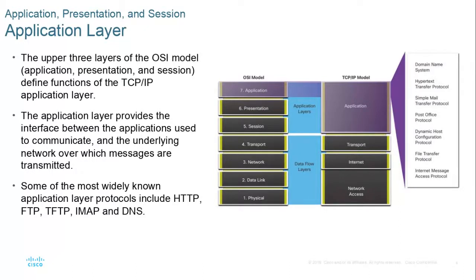So HTTP for sending web pages, FTP for downloading support files, TFTP for backing up and restoring startup configuration files and IOS files to Cisco routers and switches, IMAP for picking up email, DNS for sending my quick request to the DNS server: what's the IP address for Microsoft.com? I need to go there, TechNet.